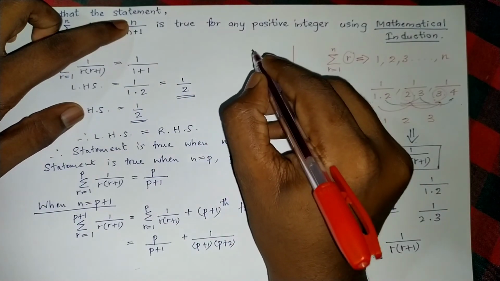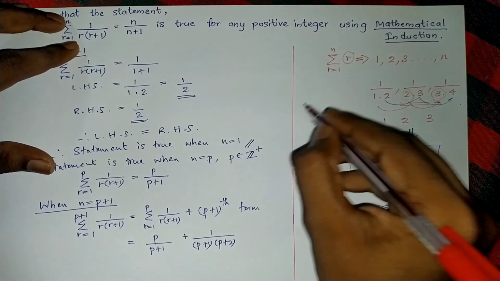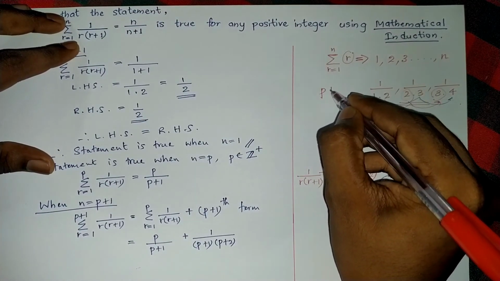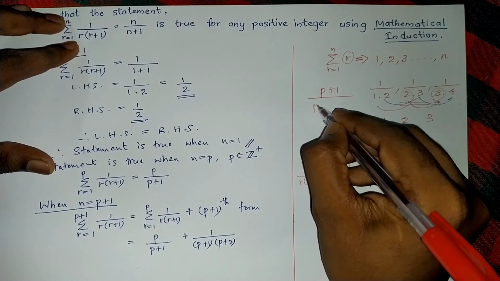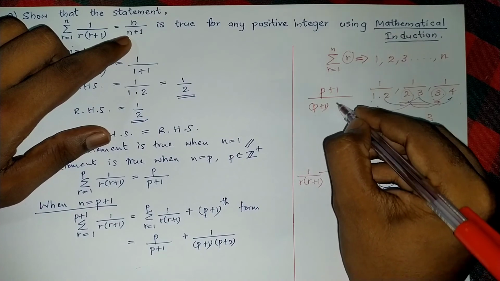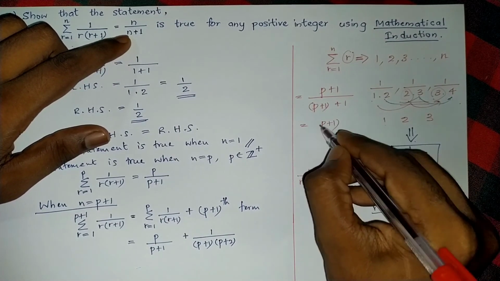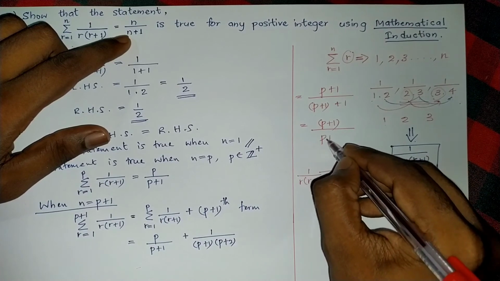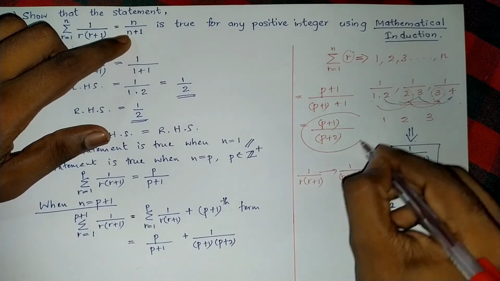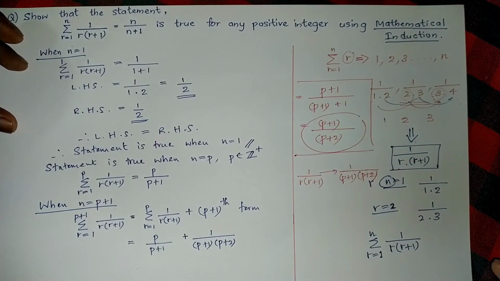Then our right hand side becomes, I will write that here, p plus 1 over this n becomes p plus 1 plus 1. Then we have p plus 1 in numerator and p plus 2 in denominator. So this is what I want after simplifying this.